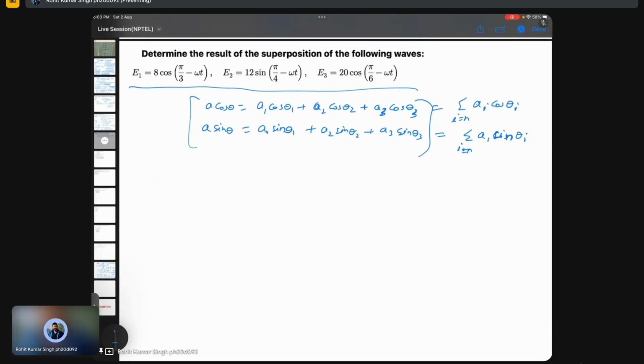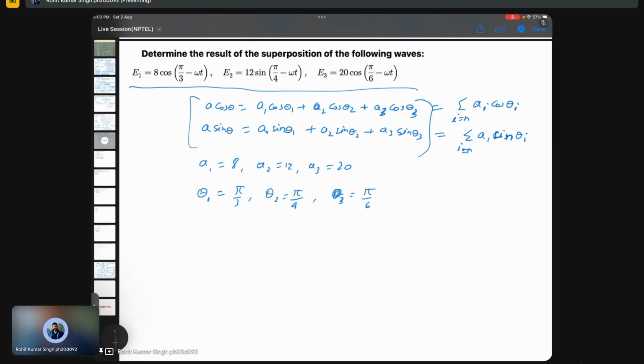So everything is given here. A1 is 8, A2 is 12, A3 is 20, theta 1 is pi by 3, theta 2 is pi by 4, and theta 3 is pi by 6.